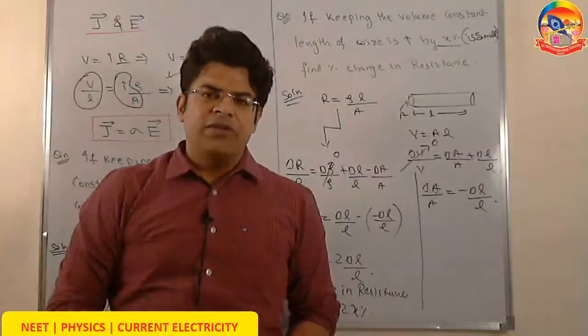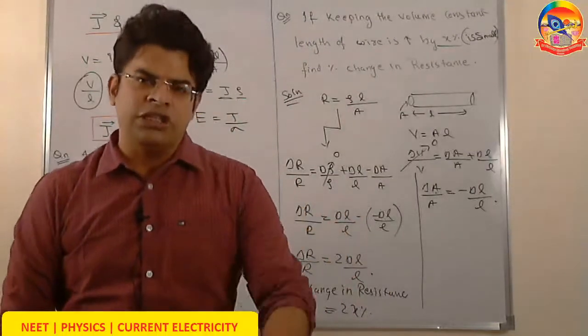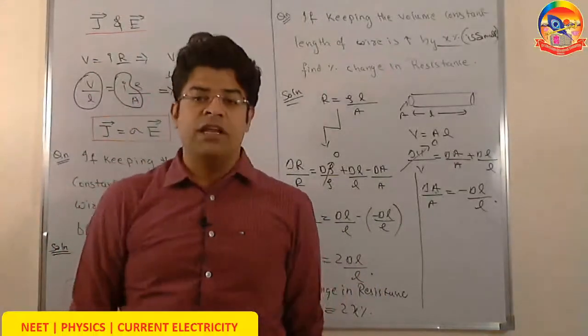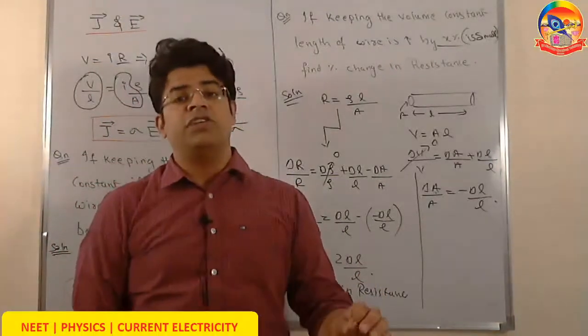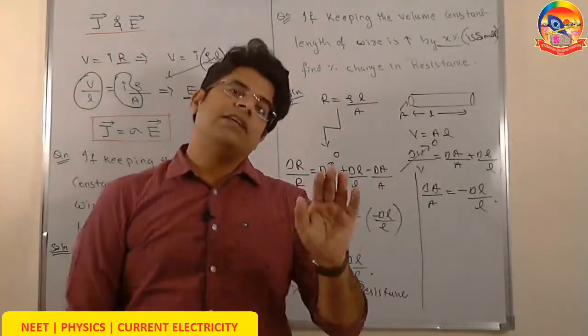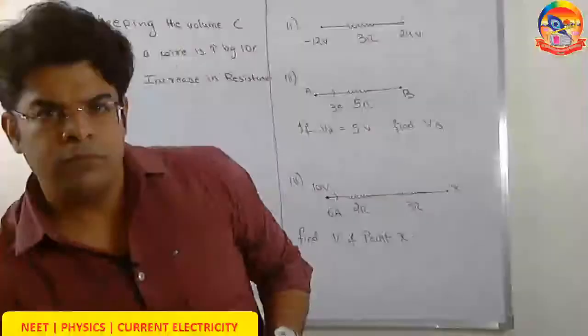So this means that if a wire is stretched in such a way that its volume remains constant and the length is increased by 1%, then the change in resistance is 2%. If the length is increased by 2%, then the change in resistance is 4%. If the length is increased by 10%, then the change in resistance can't be said to be 20%. Let's see that in the next example.